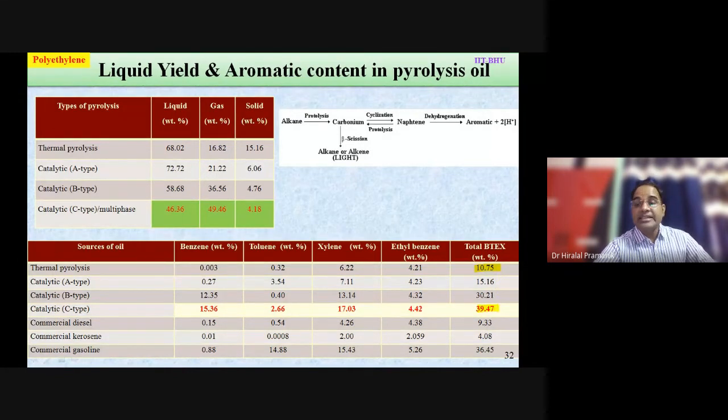But C type, that is multi-phase, is quite high, a huge jump, 30% more BTEX you are getting. And if you compare A type, vapor phase, with this liquid phase, even there is a huge gap. The highest is always for multi-phase, for polyethylene.